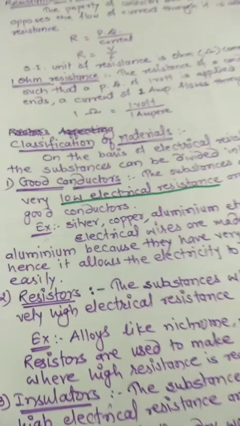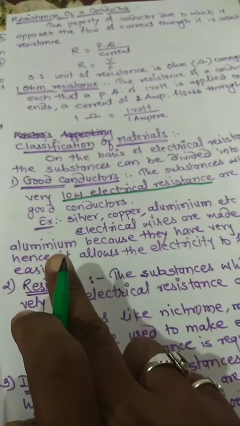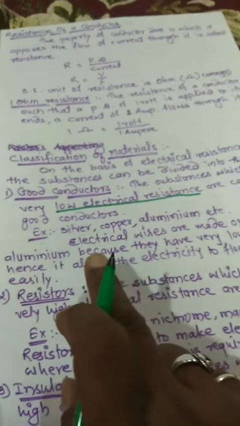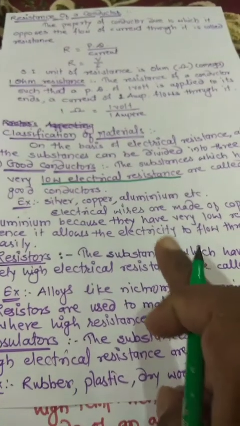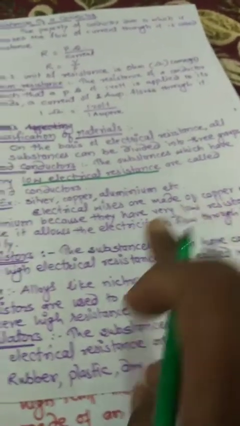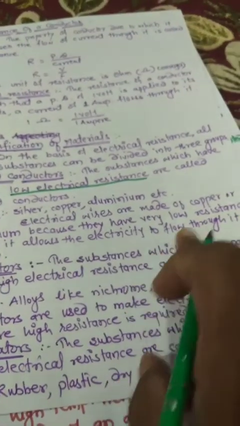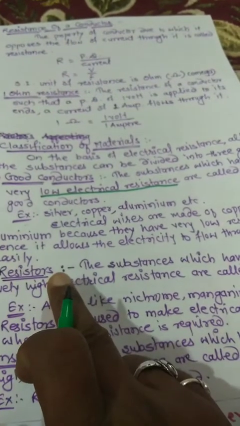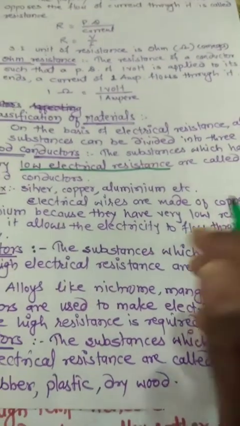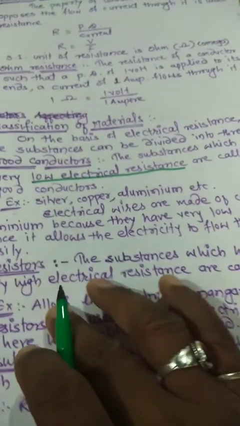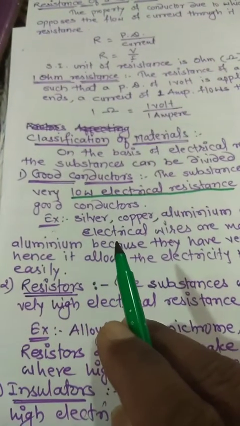Electrical wires are made of copper or aluminum. Why? Because they have very low resistance, hence they allow electricity to flow through them. So a 1 mark question may be asked: give reason why electrical wires are made of copper or aluminum.